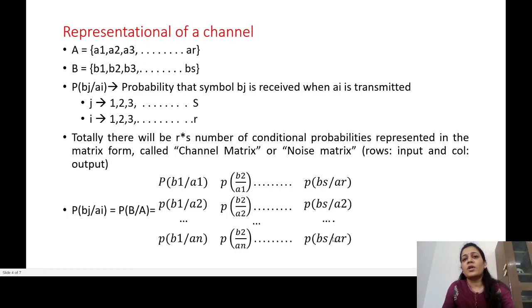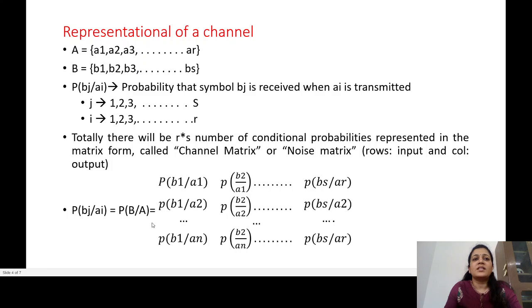So now I have totally R number of rows. And coming to the columns, in this column all these transition probabilities have B1 as the output symbol, the second column has B2 as its output symbol, and the last column has BS as its output symbol. So there are S number of columns.